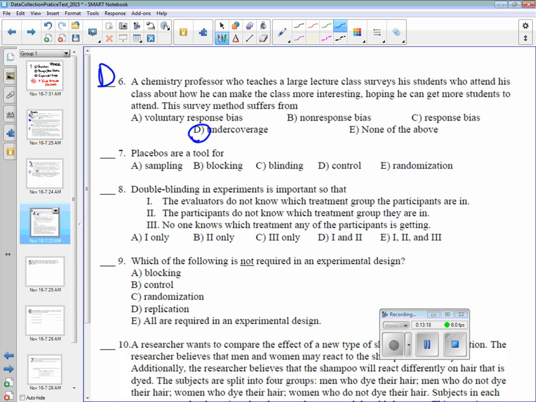Now, placebos are often used as a control group. Would you agree? But it's a tool for blinding, okay? Placebos often act as controls, but they are a tool for blinding, because you don't know whether you're getting it or not.